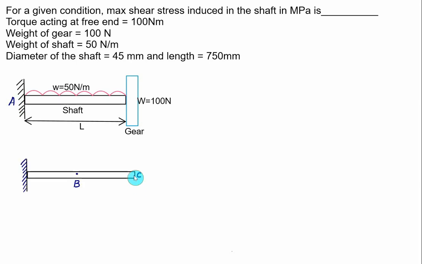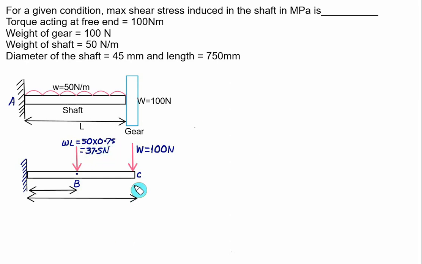So at point C the weight is acting downward, so we'll show the weight as W, that is equal to 100 Newton, and the total weight here is equal to w into L. So the total weight will act here, that is w into L, which is 50 Newton per meter, and with length 0.75, we get 37.5 Newton.